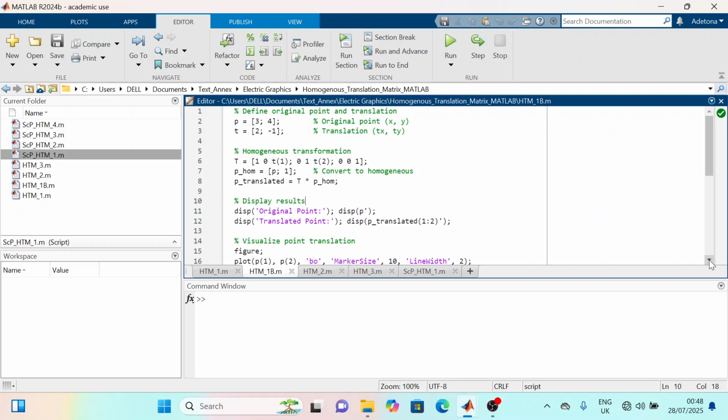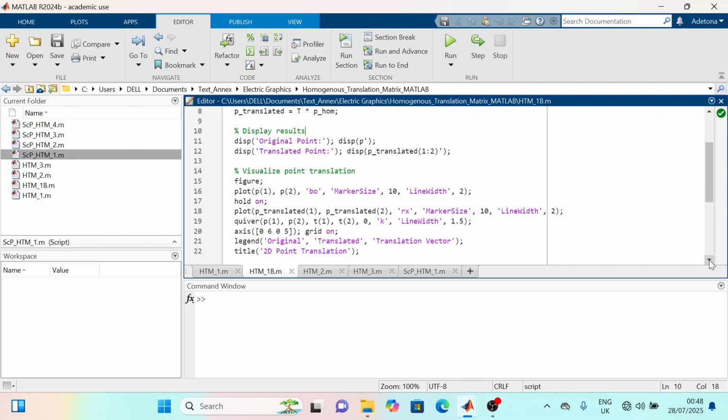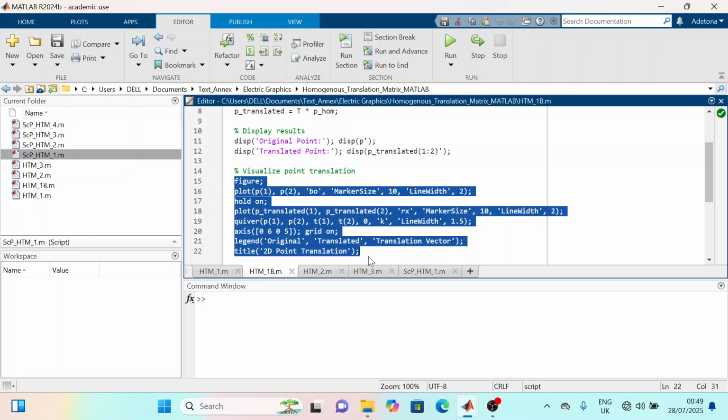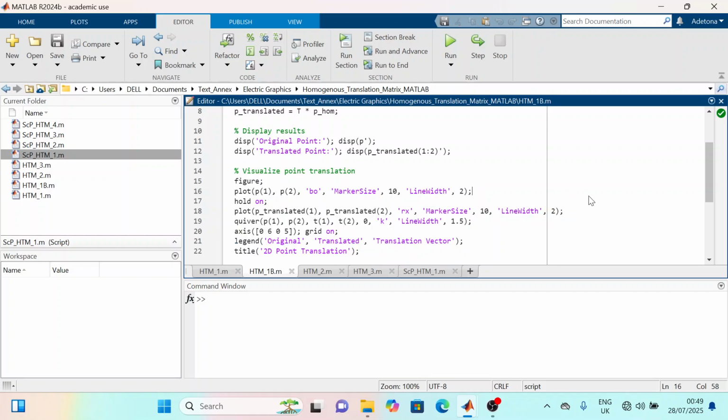For us to be able to visualize that, we are making use of all the statements that we are having here, and you need to understand the syntax of everything there. Then we are interested in locating the original point and the transition point in one single window, in one single figure, and that's why you see figure here.